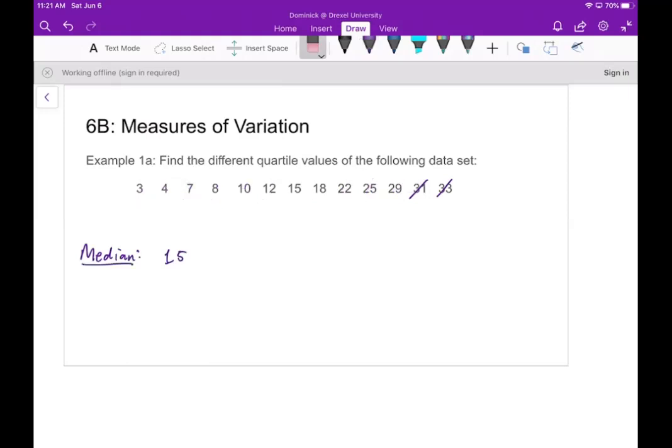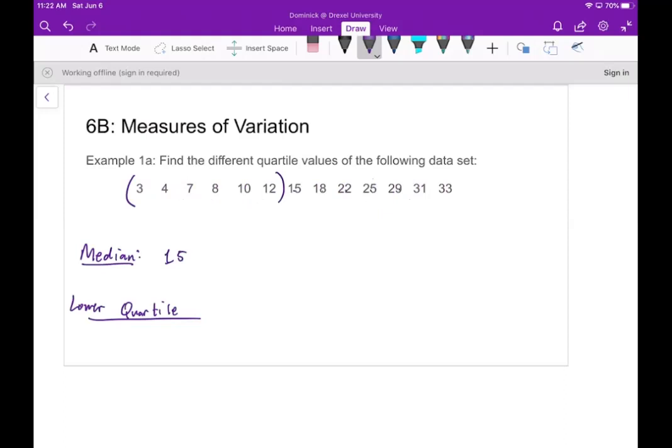Now let's find our lower and upper quartile. Let's find the lower. Again, remember that since we had an odd number of data points, I'm not going to include 15, and I'm just going to look at these. Wait a minute, did I count this right? 1, 2, 3, 4, 5, 6, 7, 8, 9, 10, 11, 12, 13.